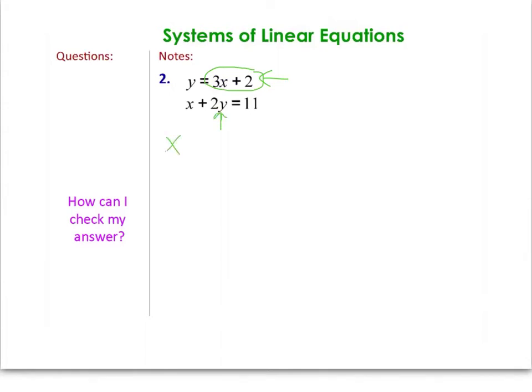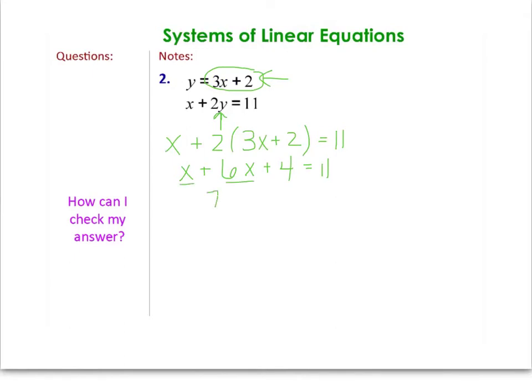So I have x plus 2, instead of y, I'm going to put that entire piece, 3x plus 2, equals 11. So I have x plus, distribute that 2, 6x plus 4 equals 11.